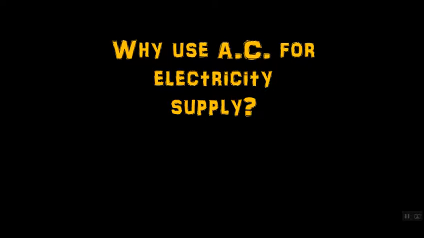But in AC, we can lower the current, increase the voltage, transport it from one power station to the substations to the suburbs, and then lower the voltage again. And we're going to do that using a transformer.